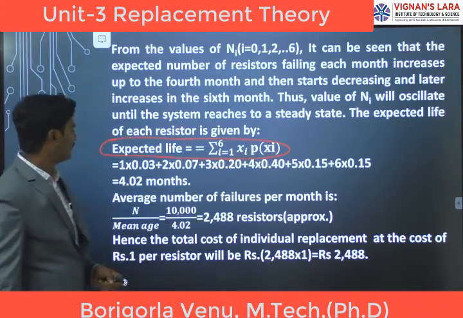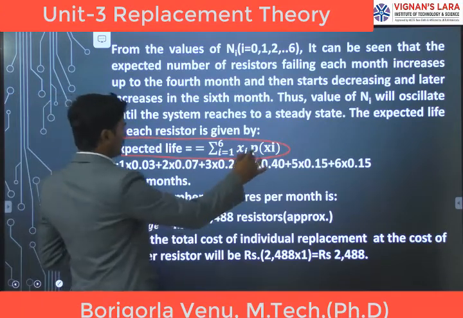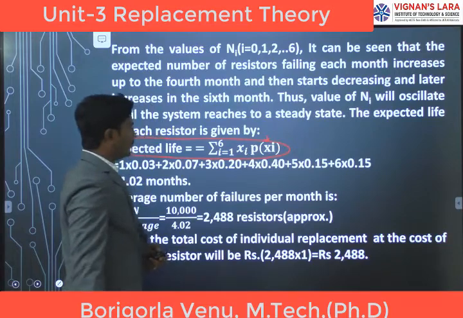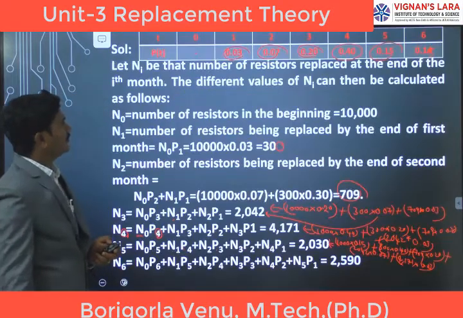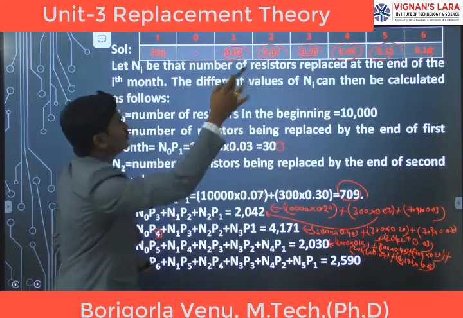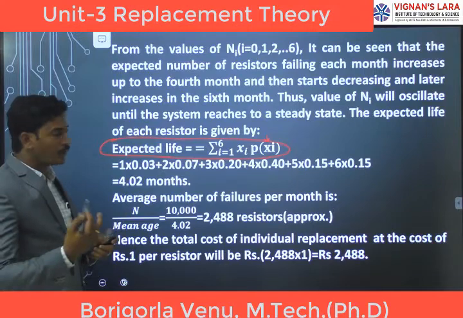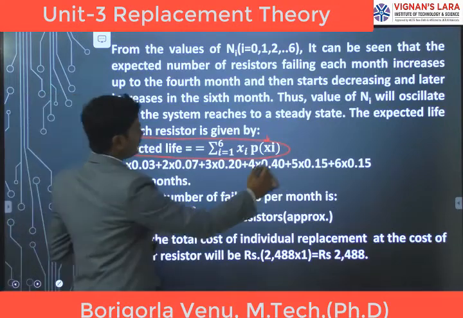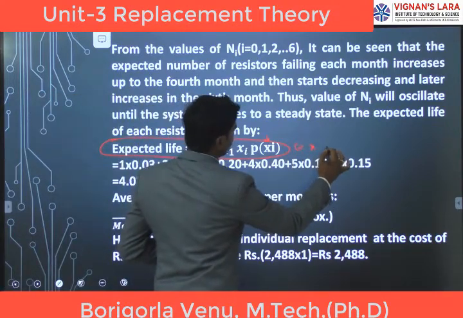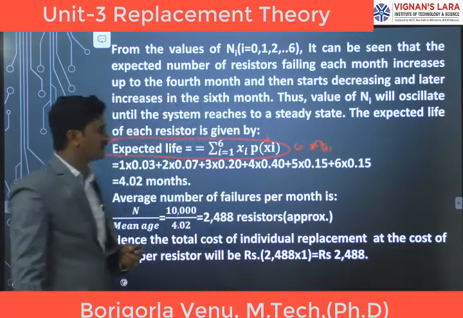Here xi means the failure month, and p of xi means the probability we have taken. The xi values are 0, 1, 2, 3, 4, 5, 6. And p of xi means the probability factor. In place of x we can take t also. Sometimes we take t or it may be x.